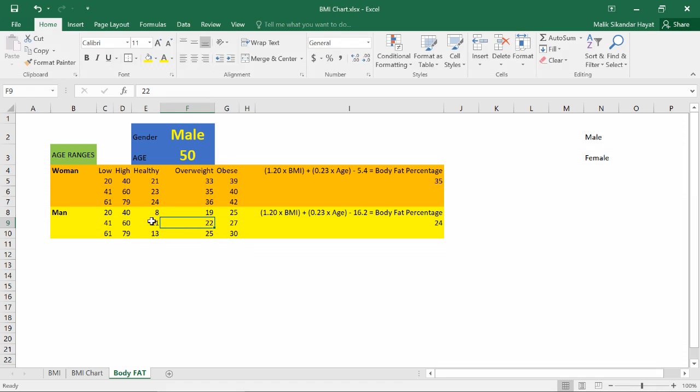It should be up to a maximum of 11. More than 11 up to 22, that is overweight. More than 22, that is, something like that. Okay, so this is how you can use these different functions and formulas to achieve this.